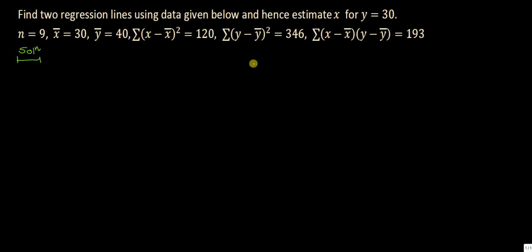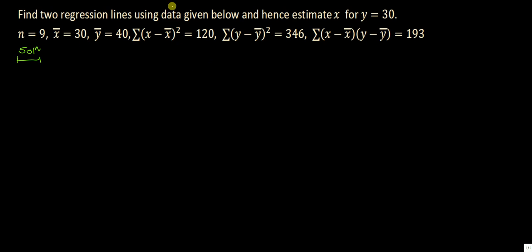For two regression lines, we need 6 values: x bar, y bar, byx, a, bxy, and c. We already have x bar and y bar given as 30 and 40 respectively.